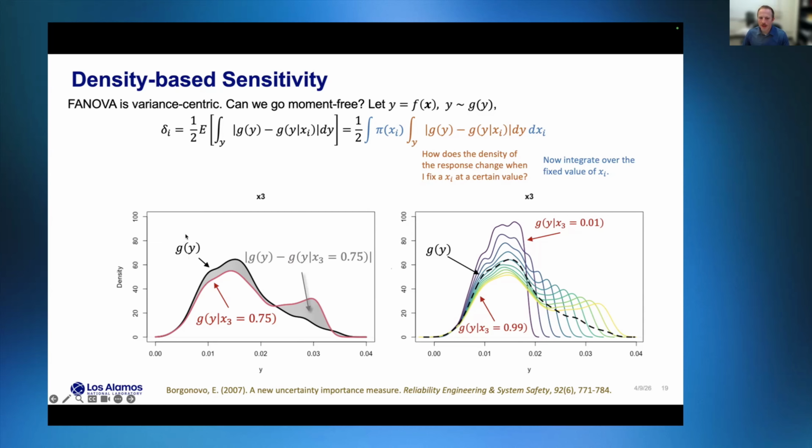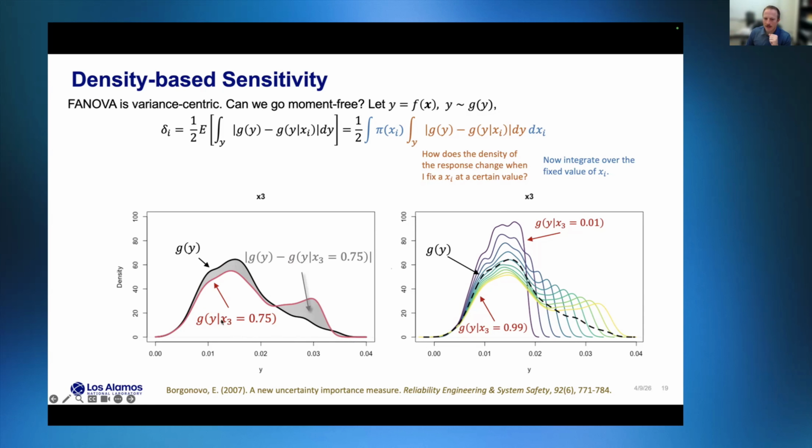So this is for PTW. This black curve here is the PDF of y here. So if I allow all these inputs to vary on the unit hypercube, this is the uncertainty I get in stress for PTW. What if, though, I fixed one of the inputs at a particular value?